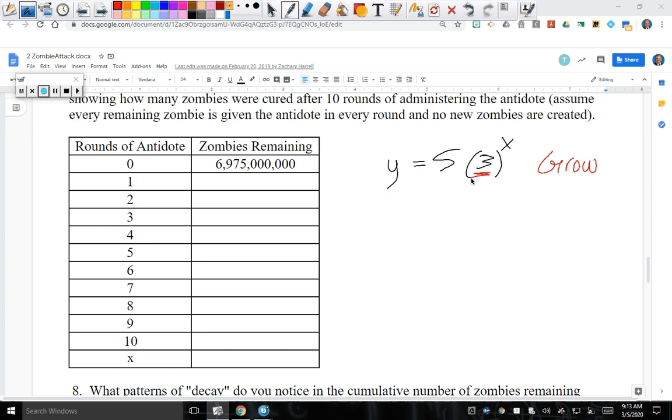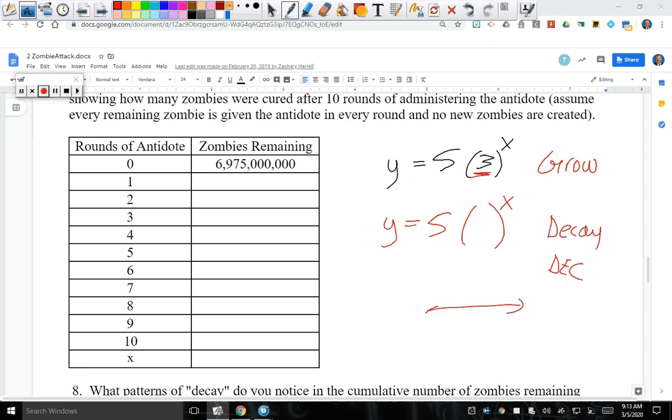So now, if this number is, what would make it decay? Otherwise, not grow, but decrease. Not a negative. A decimal that is between 0 and 1.